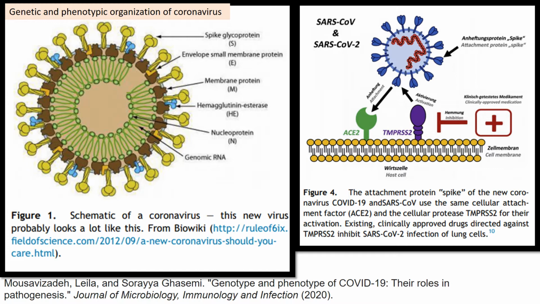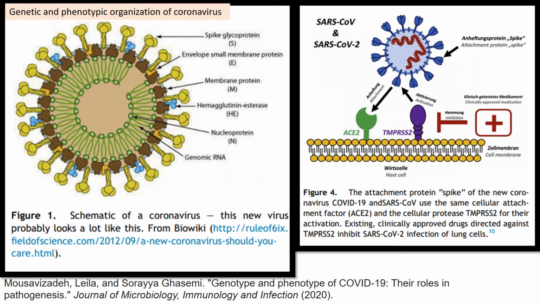If you look at the second figure, because I've taken them from a paper, it's figure 4 here. And if you look carefully, if the coronavirus comes in contact with our host cell, then the spike protein or the S protein attaches to the ACE2 receptor on the host cell and gets activated by the TMPRSS2 receptor. Right?